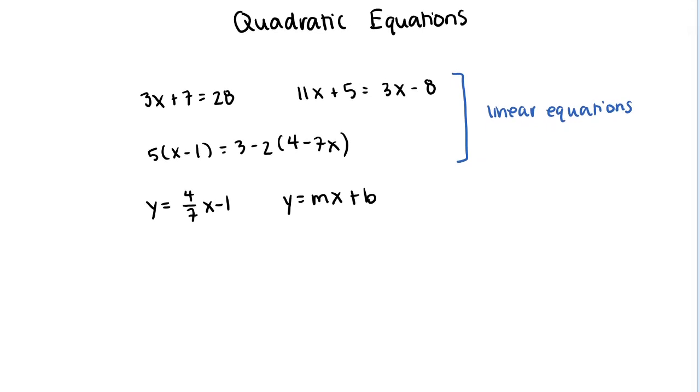equations involving variables where maybe the exponent is a little bit larger. Maybe more specifically, I'd like to focus on examples where the variable exponent is at most 2. And so these are what we call quadratic equations.